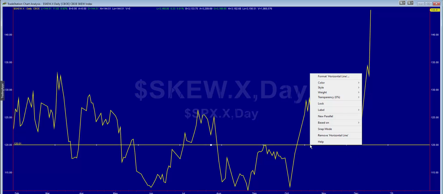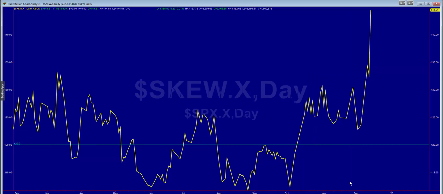When the skew is below 120, and we'll just color this cyan for right now, the interpretation in general is that the market is frothy, that everybody is buying calls, nobody is fearful, and therefore the market is probably a bit overdone, and you might expect the market to go the other way, that is, to have a pullback or a correction.